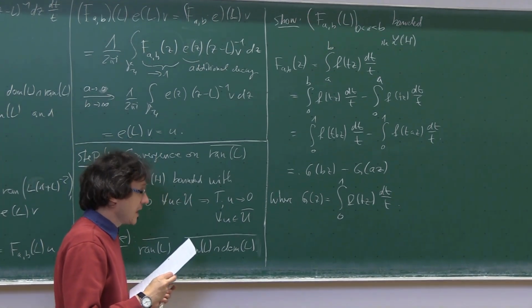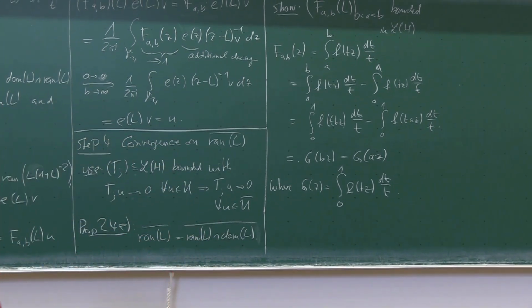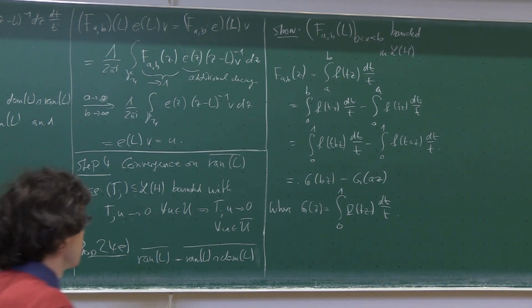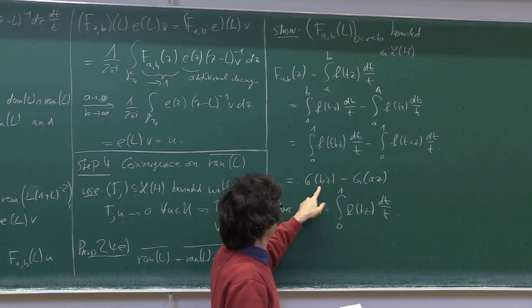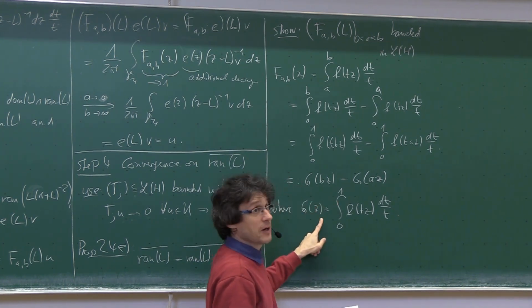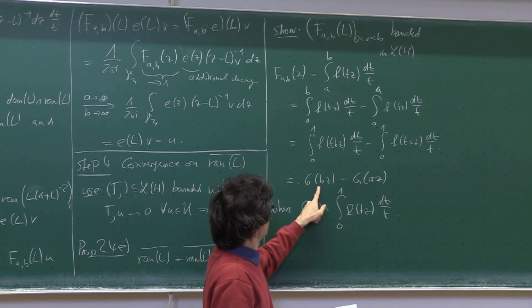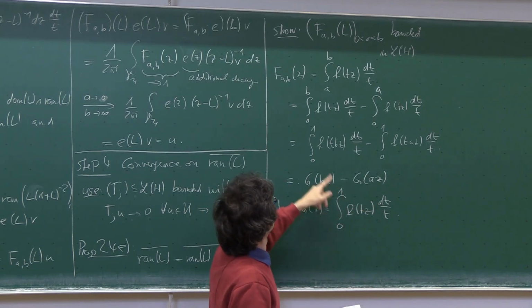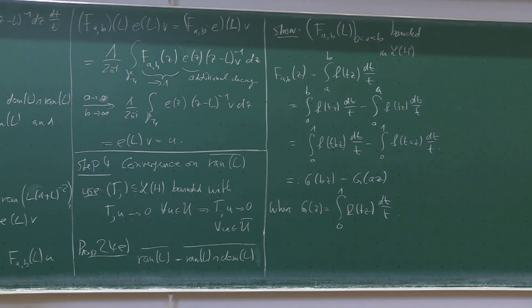Now we want to look at this function g and show that everything works fine for it. If you know that g(tL) gives a bounded family of operators, then g(bL) minus g(aL) is also a bounded set of operators. So we have to prove it for g.